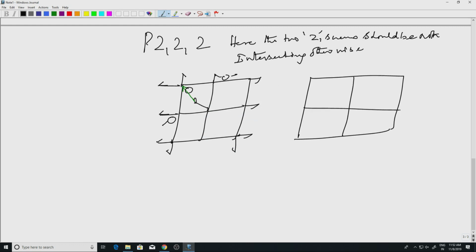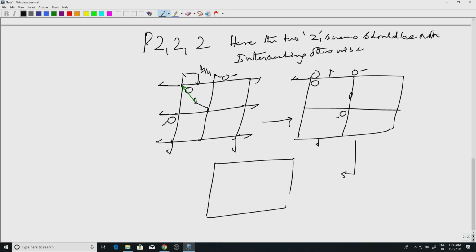Let's shift the screw A by 1/4, B by 1/4, where this remains the same. So it comes here, it comes here. Now the two-fold is shifted here. So this has to be brought here.